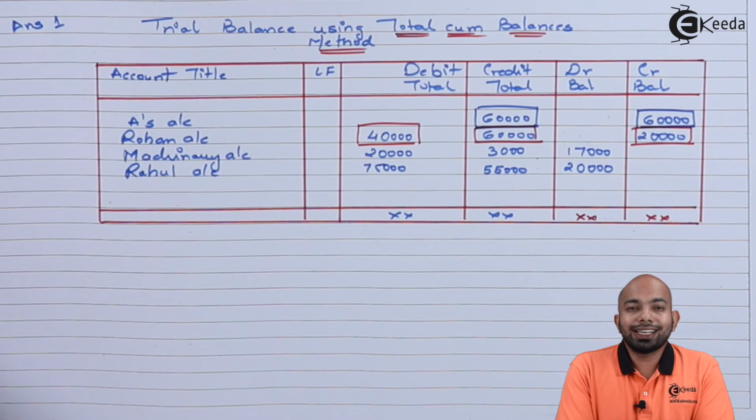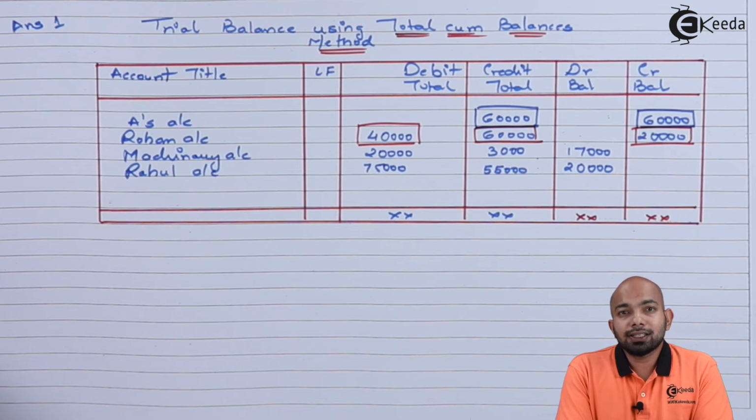Now, let's go on to the next account, which is the machinery account. When we talk about machinery account, we had certain balances there, 20,000 being on the debit side and 3,000 being a part of depreciation on the credit side.